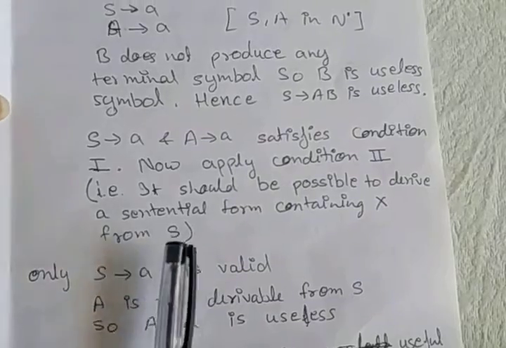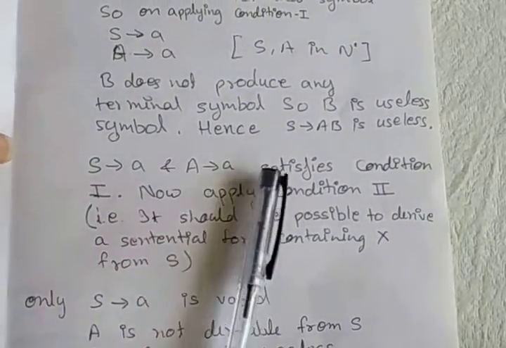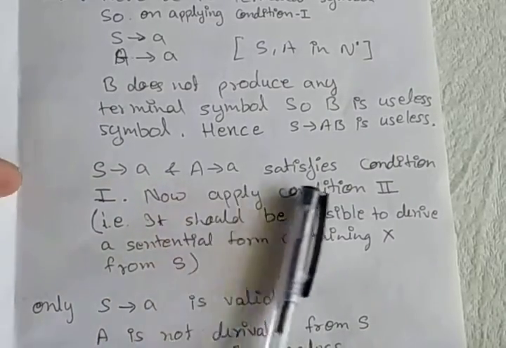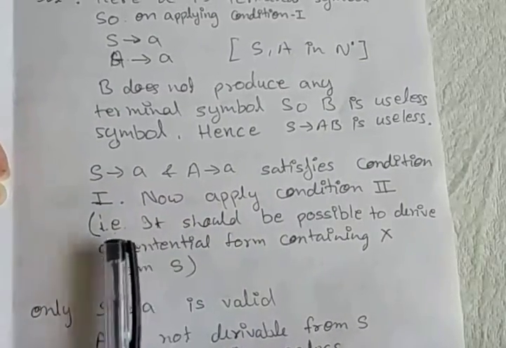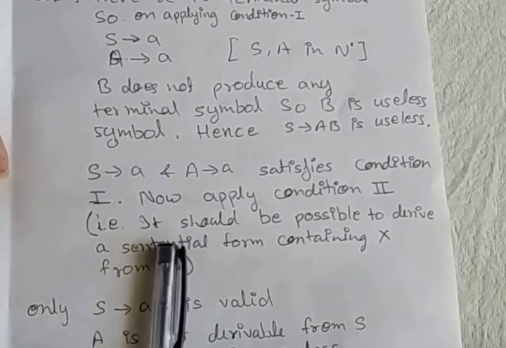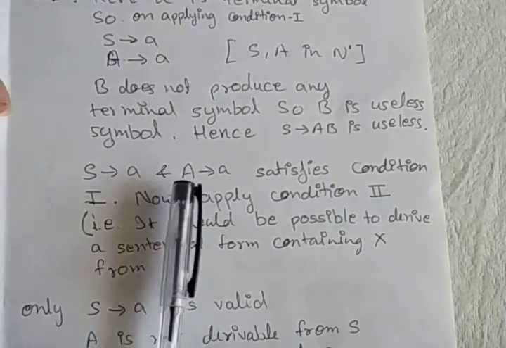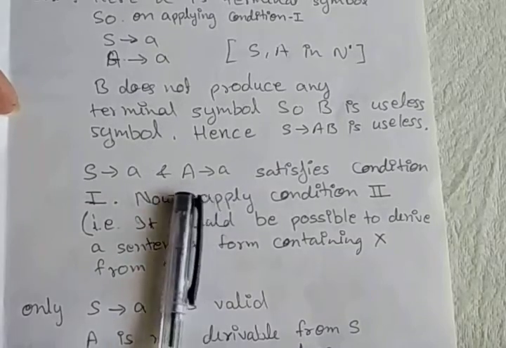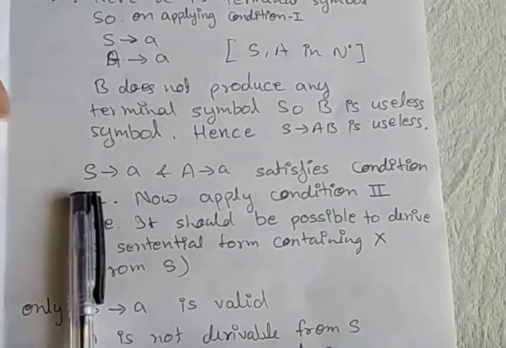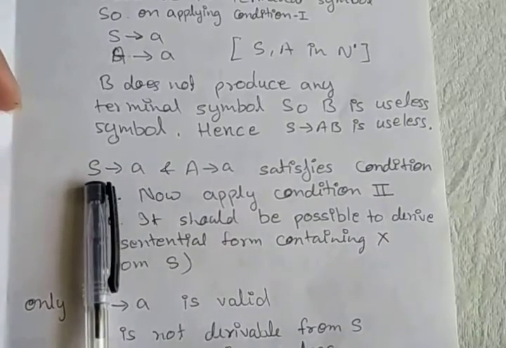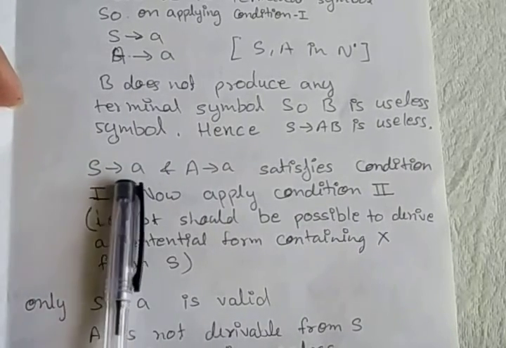Now, consider second condition. We have applied first condition, then we get these two rules. Now, apply second condition. Second condition says that any non-terminal symbol should be derivable from S. Here we have only these two rules. S is the starting symbol. This is the valid rule.